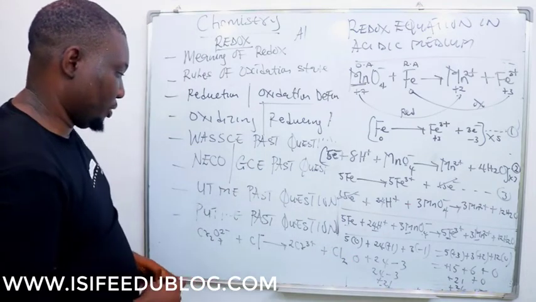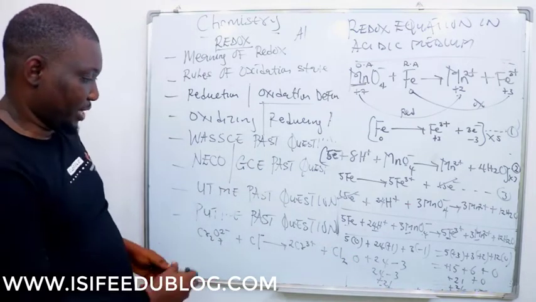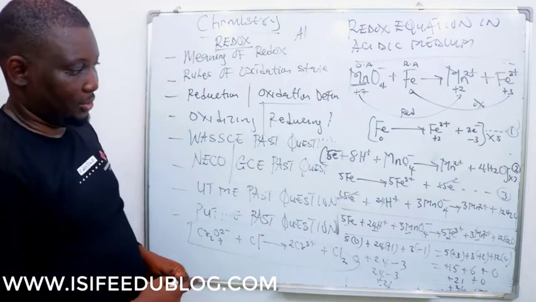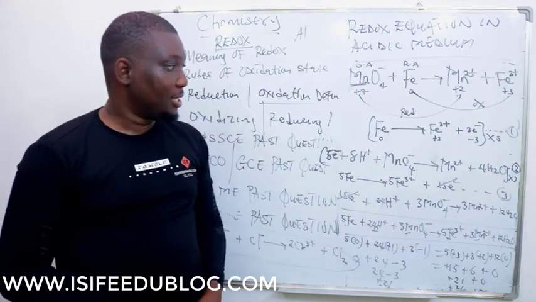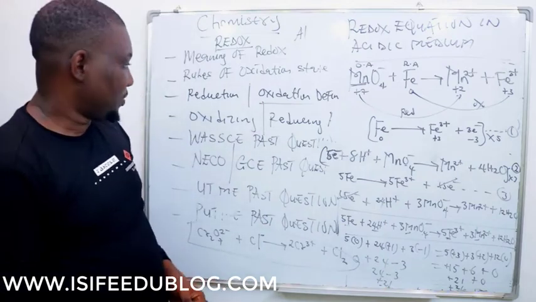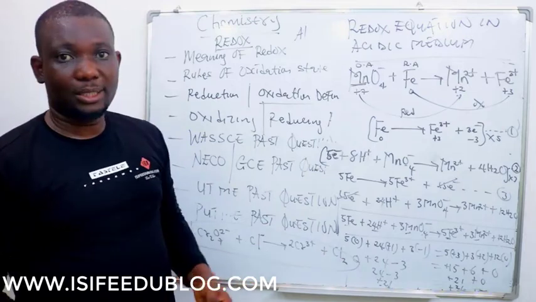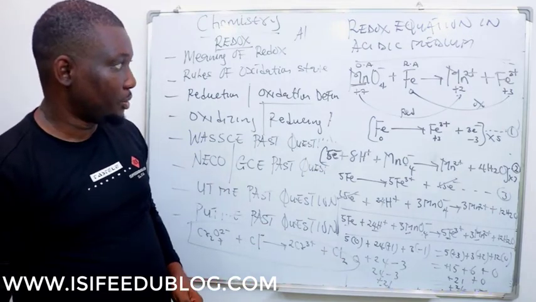You can pause the video and see if you can do this, just the way this one was solved. And that is to say that you are good to go. That is how we balance redox reaction in acidic medium.